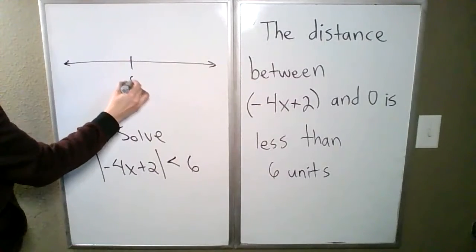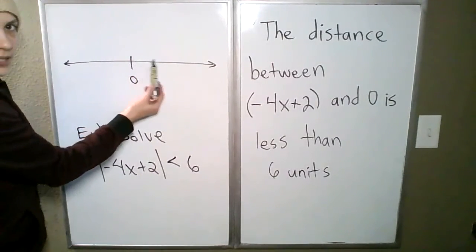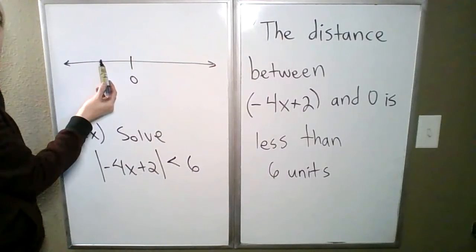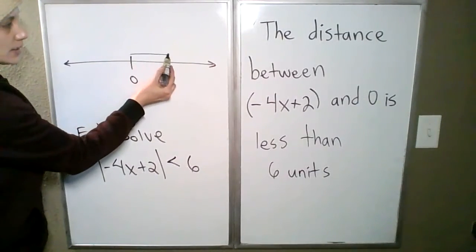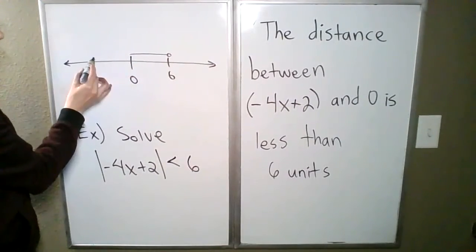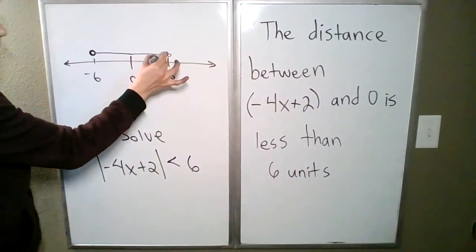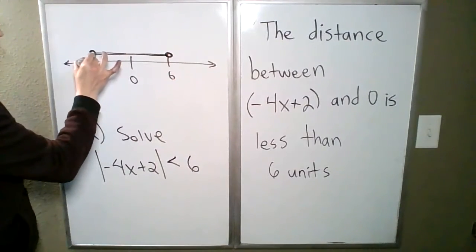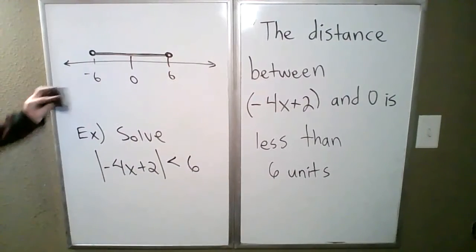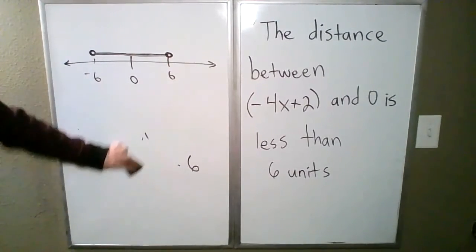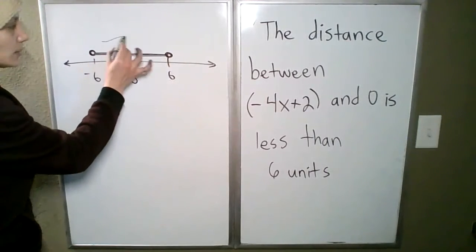We're going to start at 0 and go less than 6 units away, either less than 6 units to the right or less than 6 units to the left. So we'll go over to 6 and not actually reach 6. We'll go to negative 6. And that's a place where you have values of negative 4x plus 2.